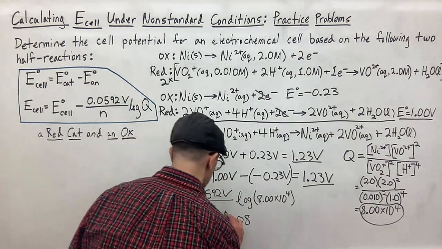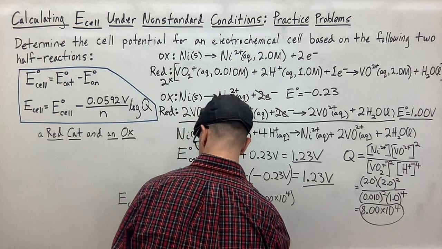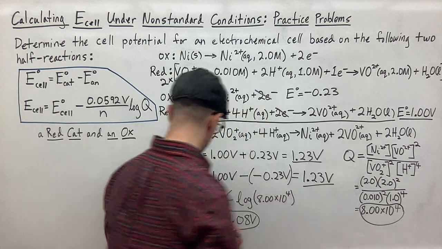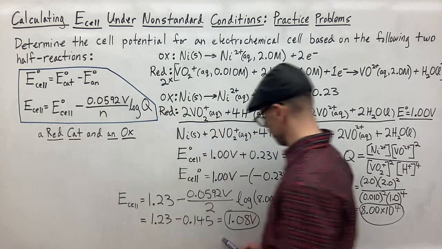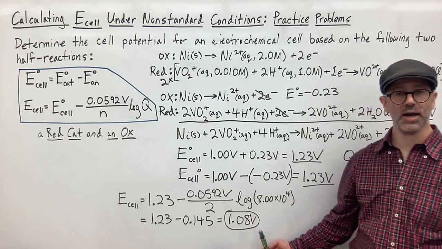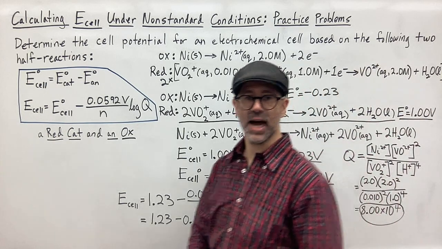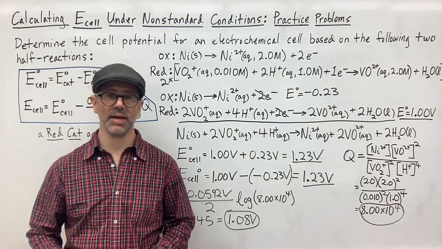So we'll just round it to 1.08 volts. And so that is the voltage, or that's our cell potential under these non-standard conditions. And so that is how you solve these types of problems.